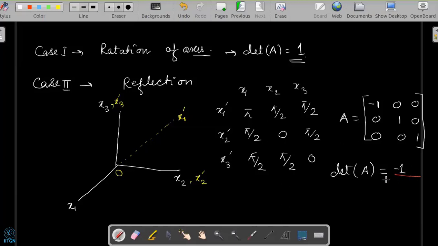So one thing we observed, that if we are rotating, then you are getting determinant 1. If you are doing reflection, you are getting determinant -1. We can also have the combination of both. Whenever we are doing the transformation by rotating the axis, and the determinant is equal to 1, this is known as proper orthogonal transformation.